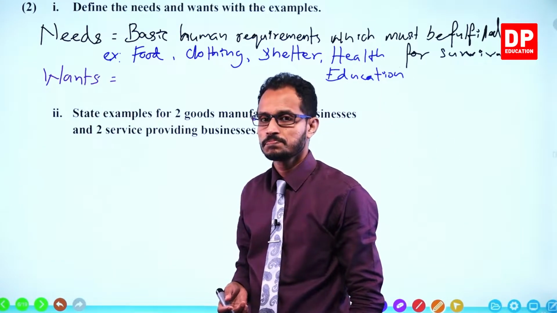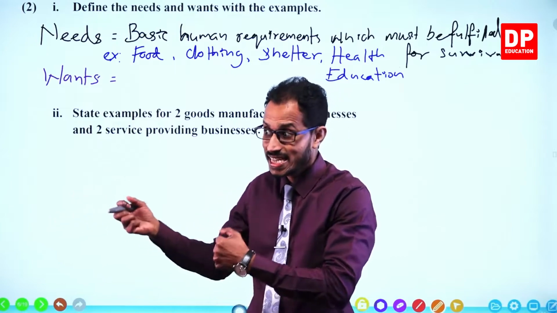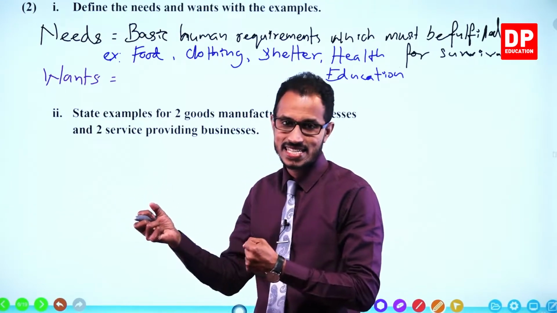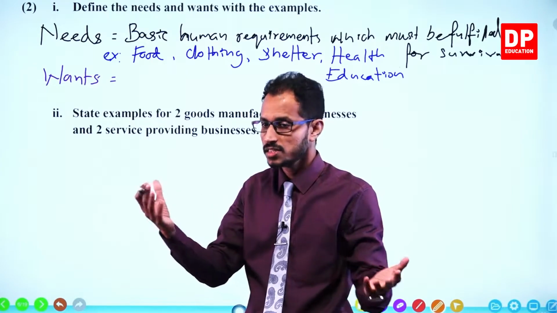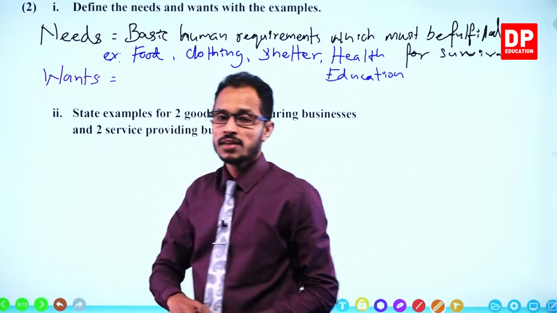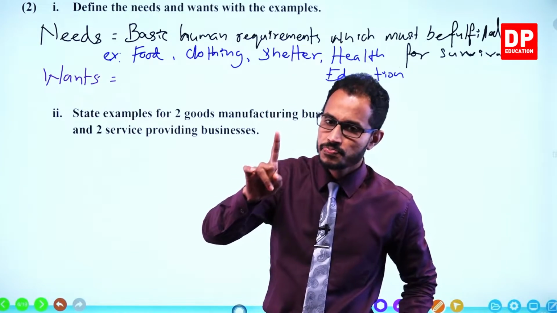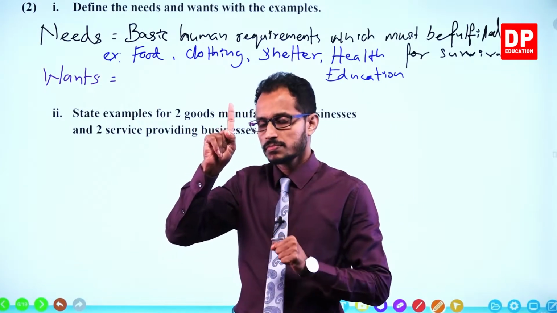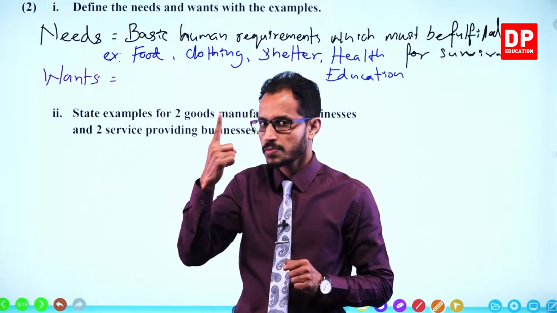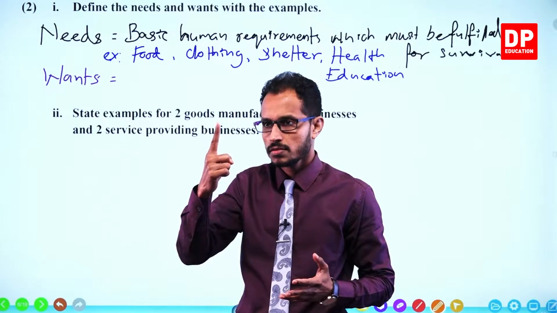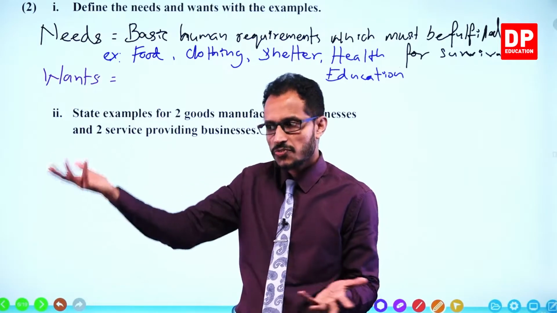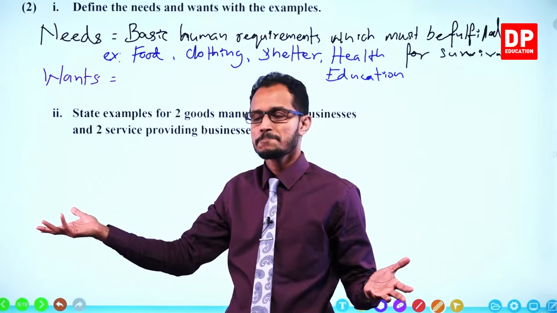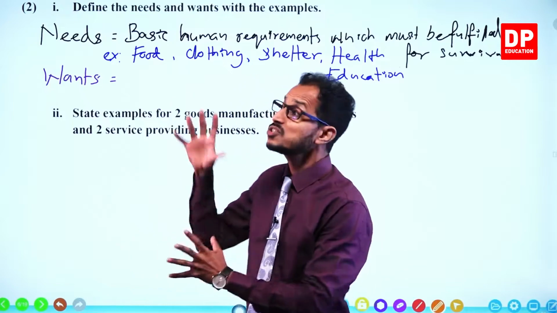But we want these things in order to satisfy our needs. That's the definition. So you can actually say the first definition: wants are different ways that we use to satisfy the needs.